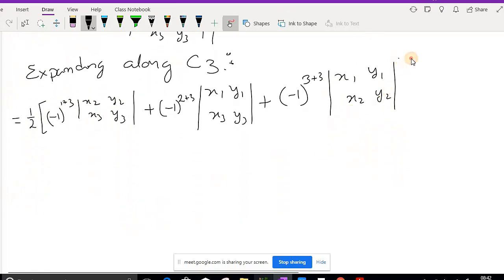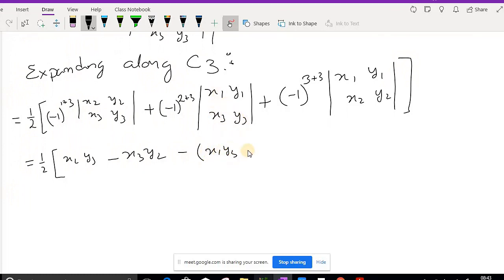Now close the bracket and expand. Minus 1 to the power 4 is plus, positive, so multiply: x2 y3 minus x3 y2. Then minus 1 to the power 5 is minus: x1 y3 minus x3 y1.